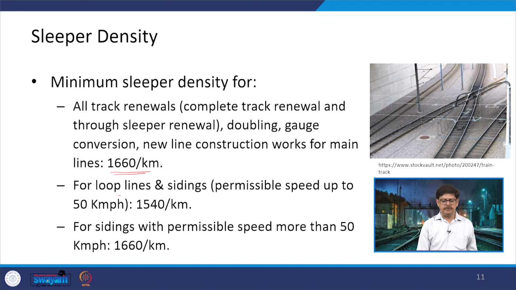In the case of loop lines and sidings with a permissible speed of up to 50 kilometers per hour, we can use a lower value of 1540 per kilometer. But in the case of sidings with permissible speed more than 50 km per hour, we should again increase the sleeper density to 1660 per kilometer length.